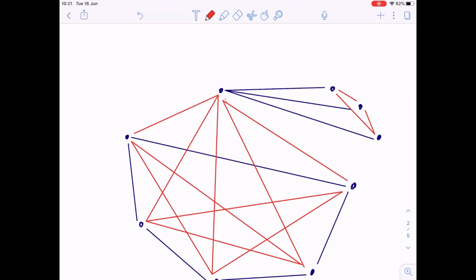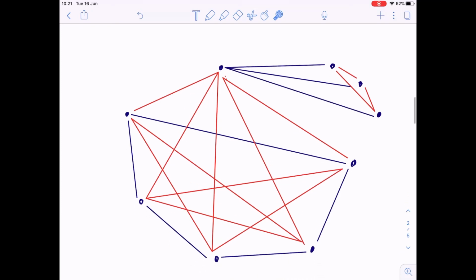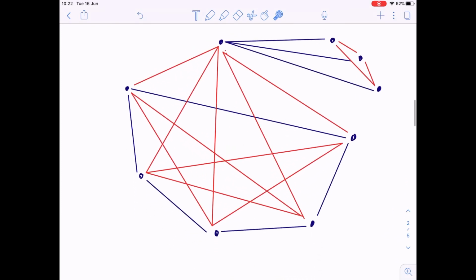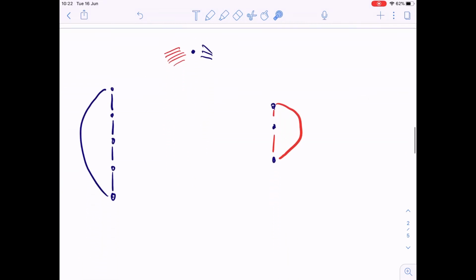And now what we need to do is look at how this group of 3 and this group of 5 connect to each other. To do that, I'm not going to use this diagram, but I'm just going to look at them side by side, like this. Now remember that all of the connections within this 5 are coloured red.